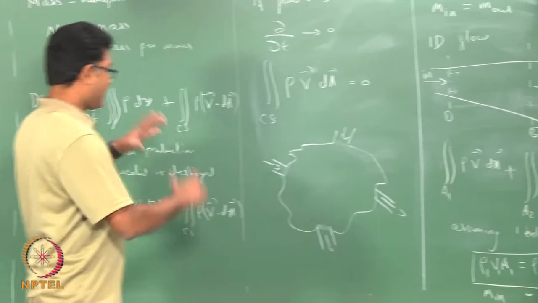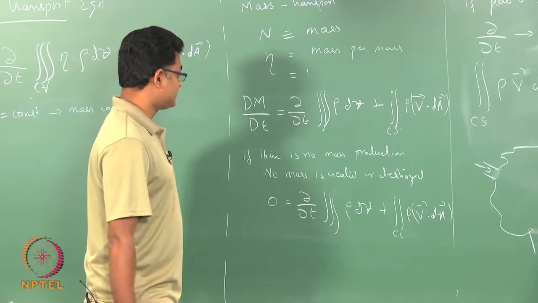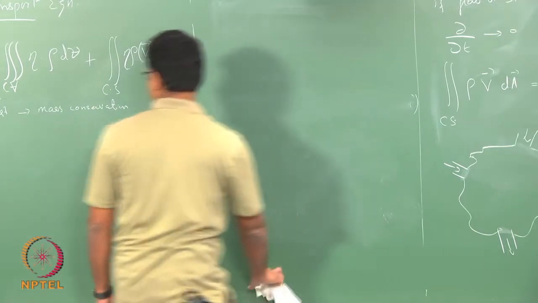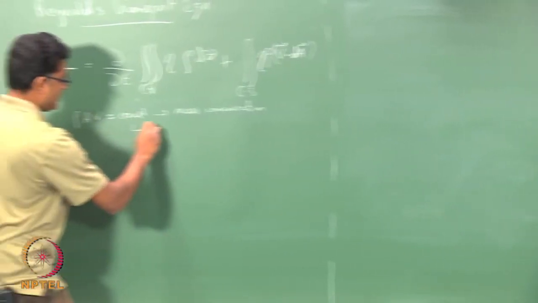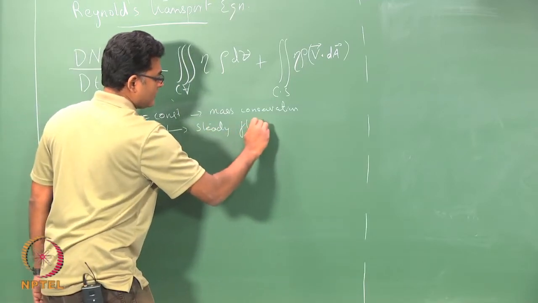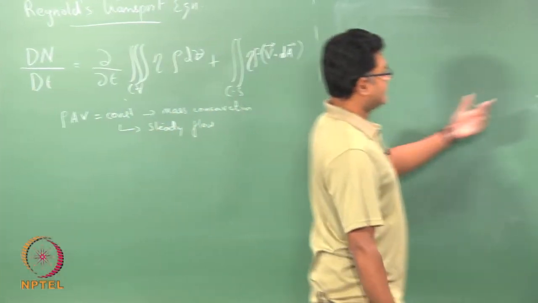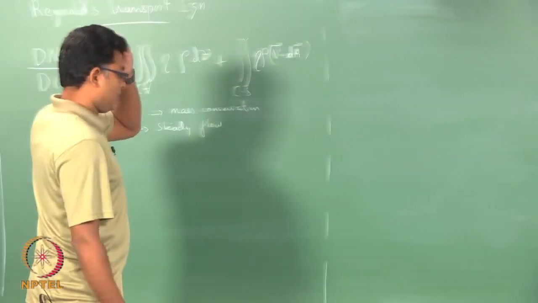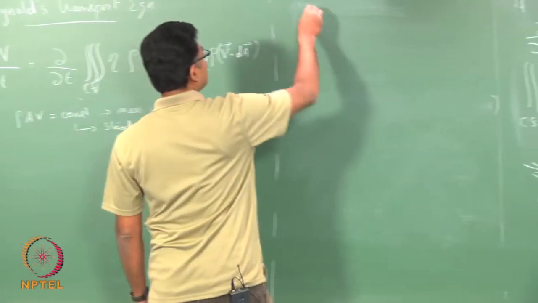So, the mass contained in the control volume is constant. So, I can further write this. So, this is for a steady flow. If it is unsteady, you should have the other unsteady part also in the equation. So, what is the unit of this?